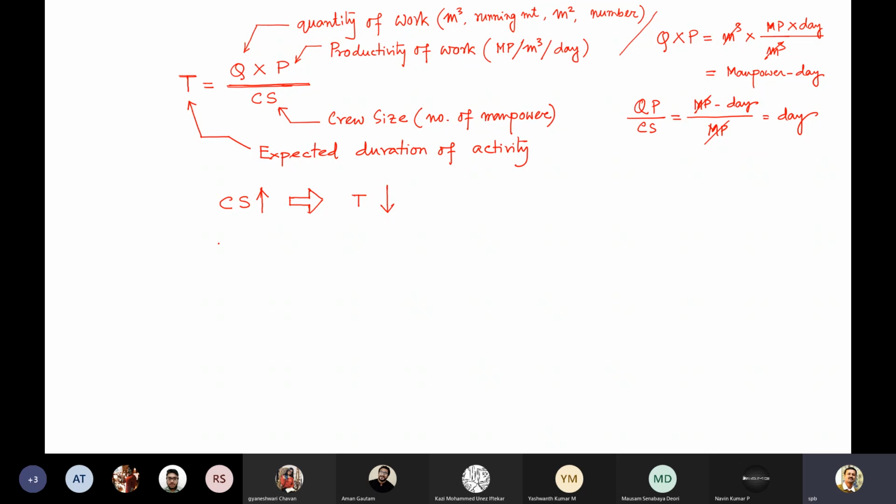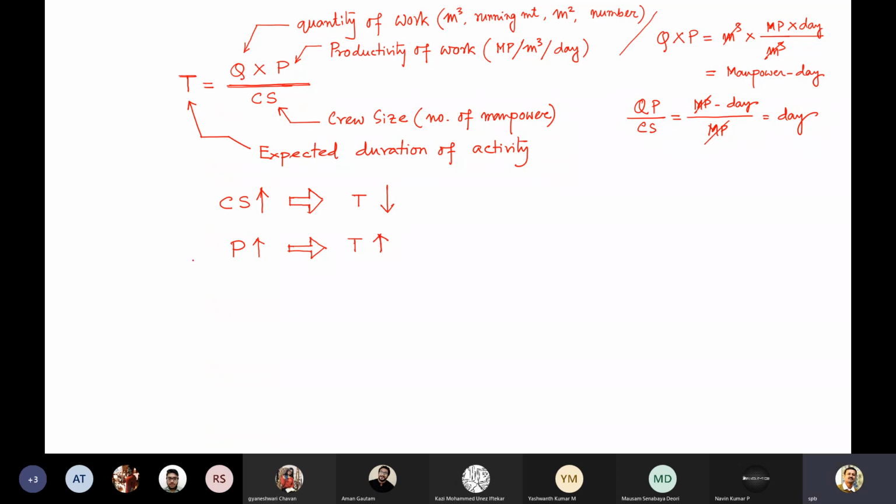Now the productivity, if it is increased, it is not actually productivity, it is the inverse of the productivity. How many manpower are required, I mean, how many manpower can do 1 meter cube. So if it is less, you require less number of manpower. So if the P is increased, the duration is also going to increase.